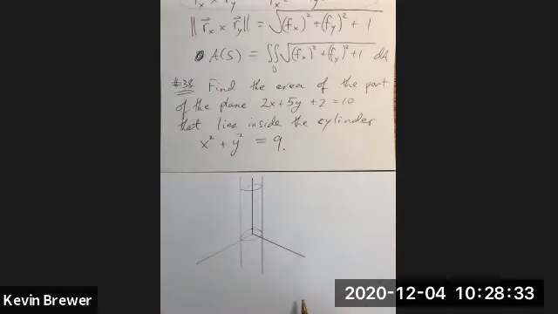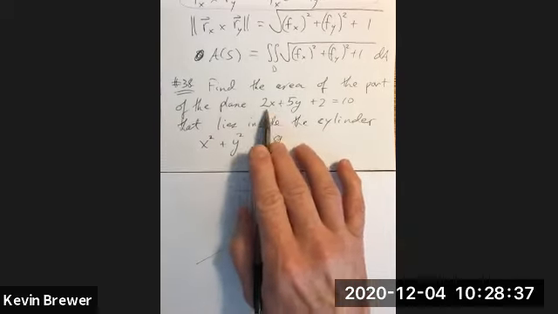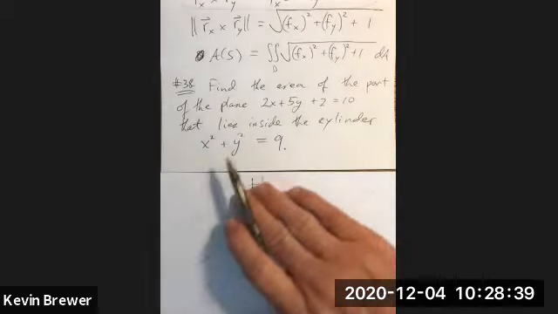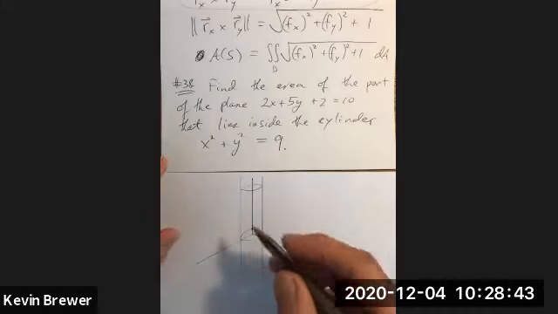So we've got a circular cylinder, and then the plane is going to cut through this cylinder at some angle.